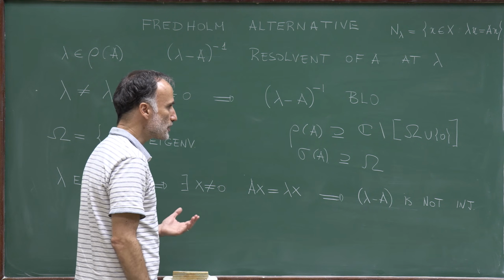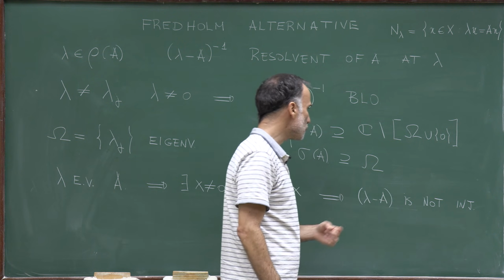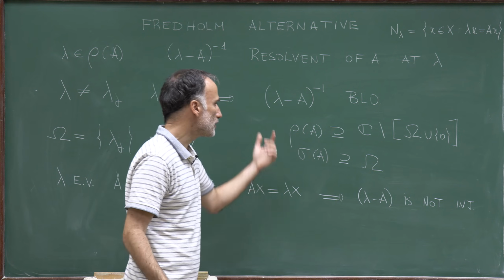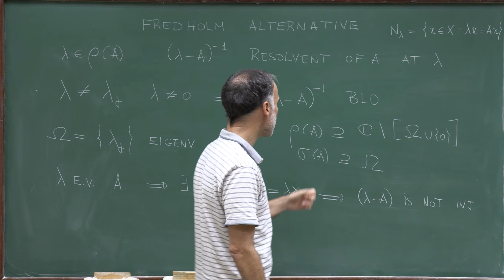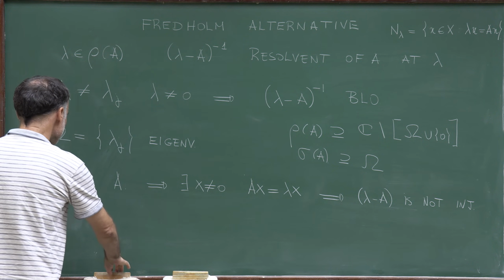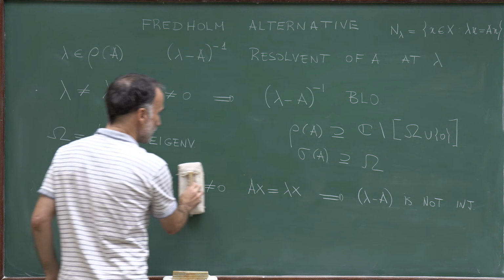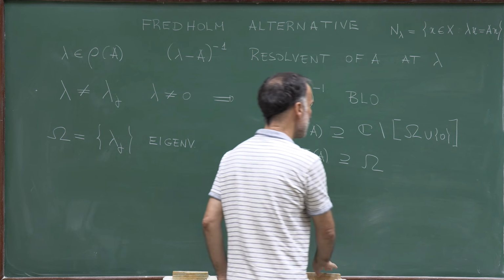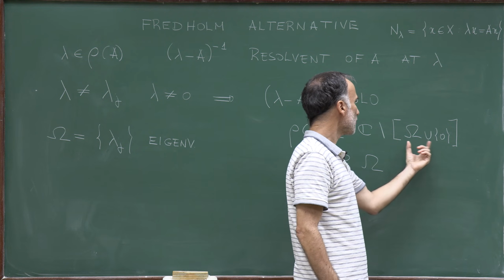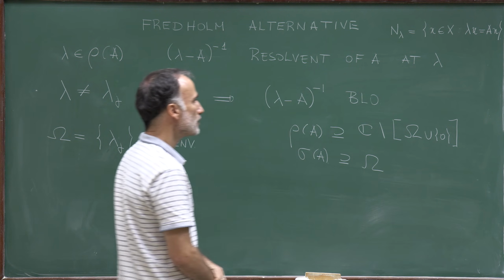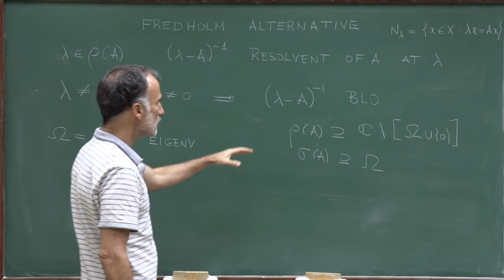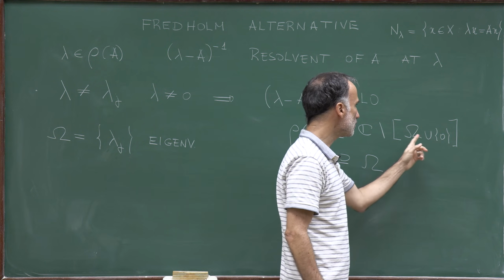And since lambda minus A is not injective, the inverse of lambda minus A does not exist, and therefore it's not a bounded linear operator, so it doesn't belong to the resolvent set, so it has to belong to the spectrum. So these are two general facts: all eigenvalues are in the spectrum, and the complement of the eigenvalues together with the origin is in the resolvent set.